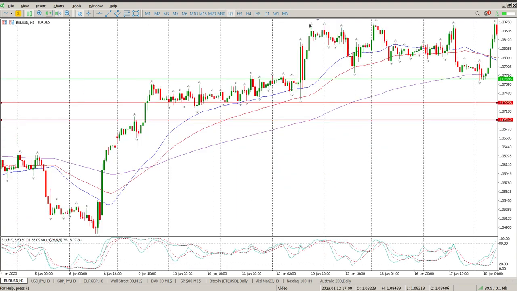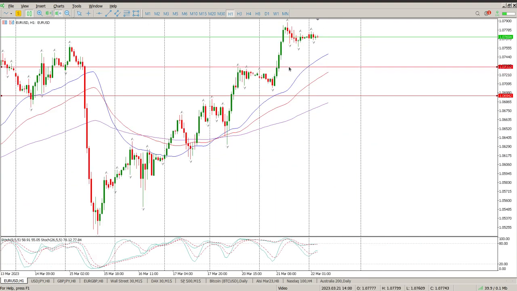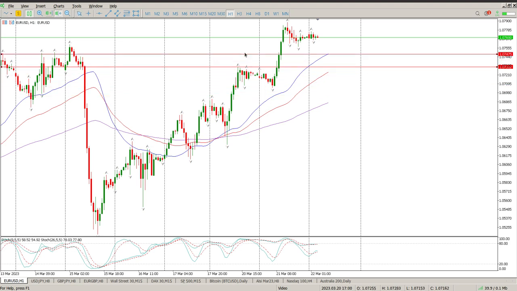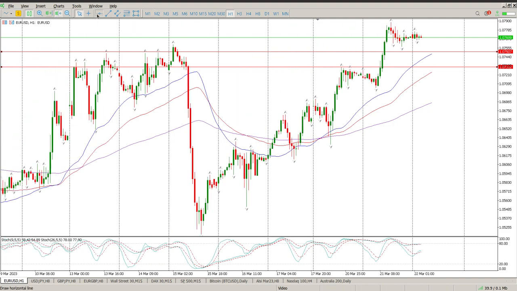Let's get down to the 1 hour, and we can just fine tune it. So ideally you'd like to see a move back down to 107.312. I don't think that's going to happen though. I think what you should rather do is focus here.